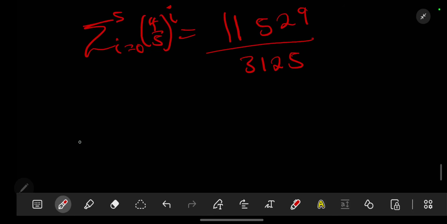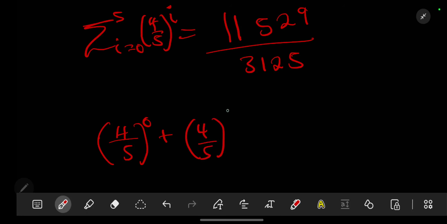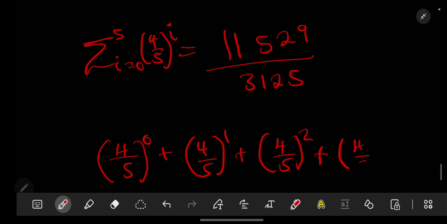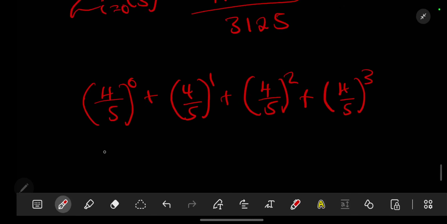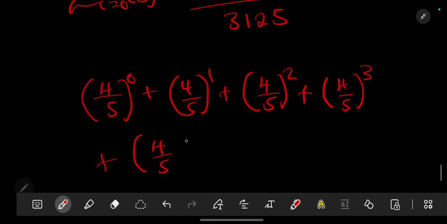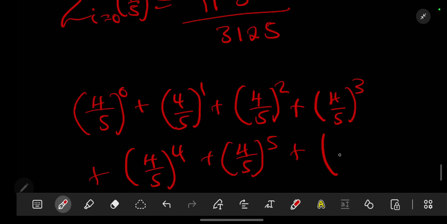So if you want, you can do it just adding the 4 over 5 to the power 0 plus the 4 over 5 to the power of 1 plus the 4 over 5 to the power of 2 plus the 4 over 5 to the power of 3 plus the 4 over 5 to the power of 4 plus the 4 over 5 to the power of 5, then plus the 4 over 5 to the power of 6.